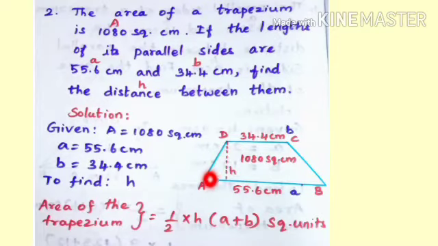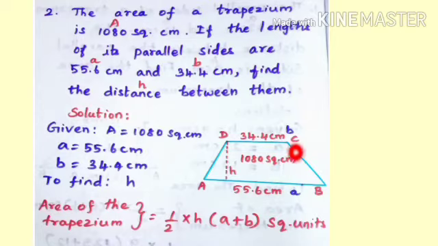So as a solution, first draw the trapezium and mark the values given in the question. So ABCD is a trapezium, and AB and CD are the parallel sides, and the values of the parallel sides are 55.6 centimeter and 34.4 centimeter, which are a and b.